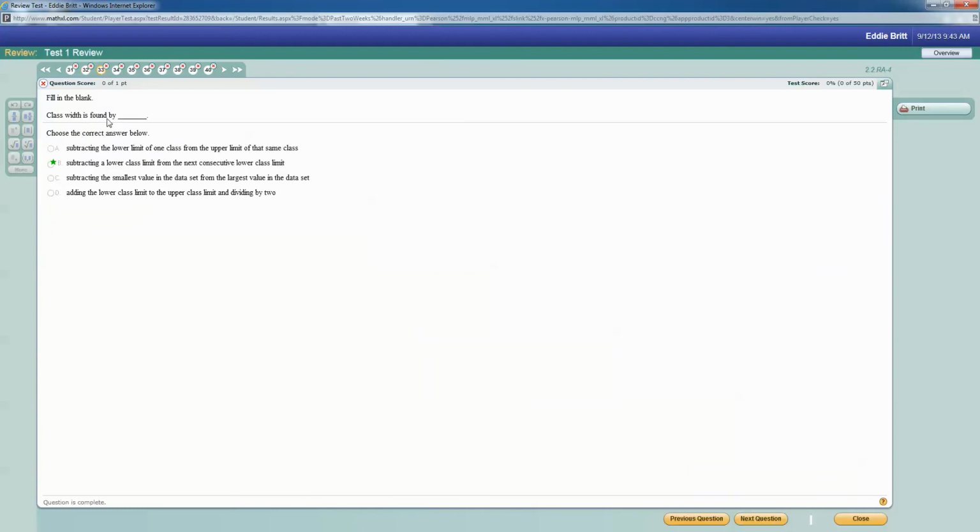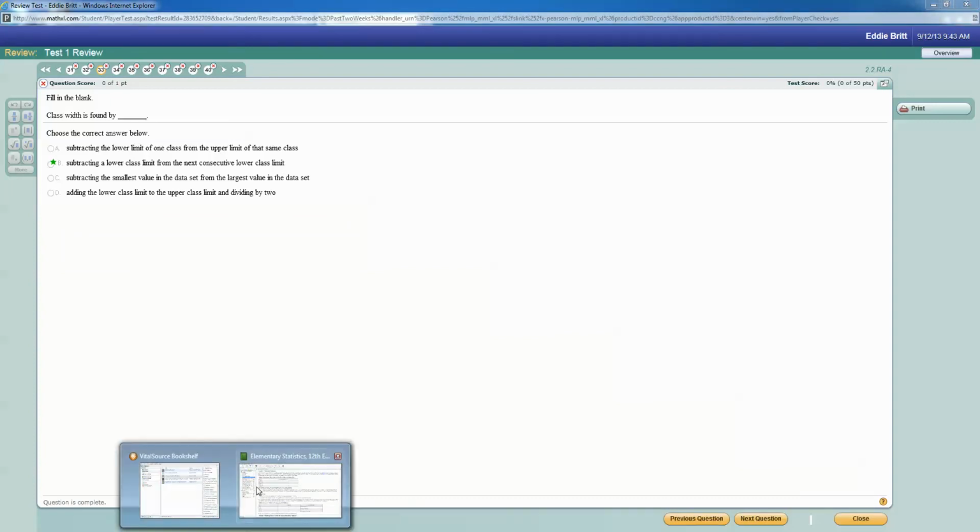Class width is found by, well, think about what width is, how wide something is. Class width is like an interval. And so the way that you can figure out the width of the classes is by subtracting a lower class limit from the next consecutive lower class limit.